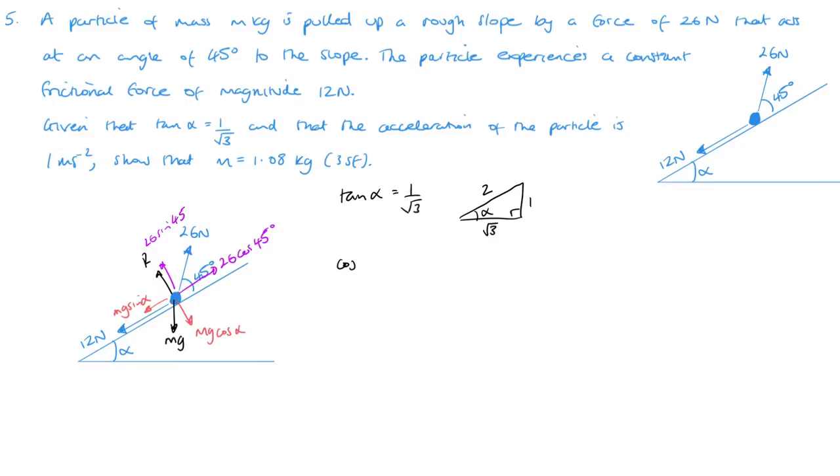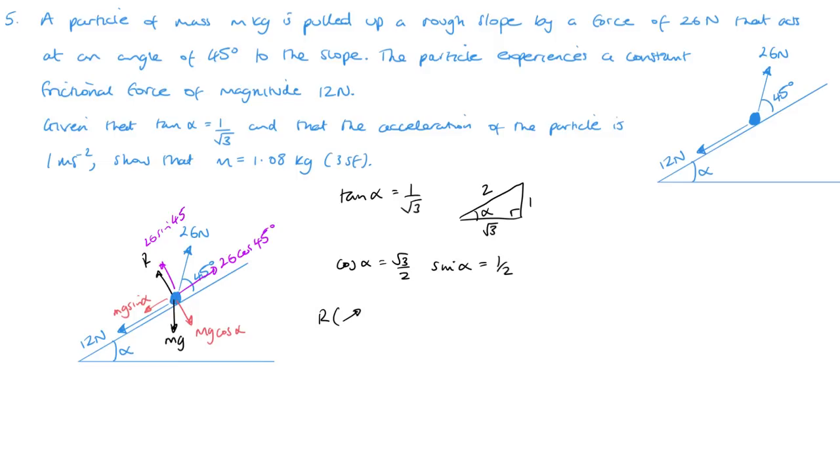So cos alpha is root 3 over 2 and sine alpha is 1/2. It's nice to be able to write down these values as fractions. Of course, you can work out the angle in the calculator and solve them. But when I was in school, you had to do it this way because the calculators couldn't do fractional values then, they'd only give you decimal answers. Anyway, that's a bit of history.